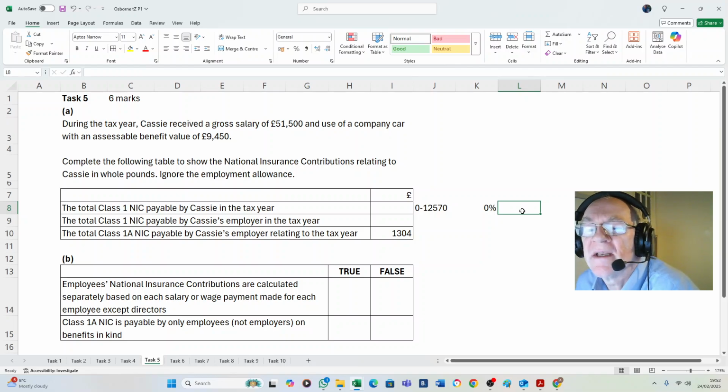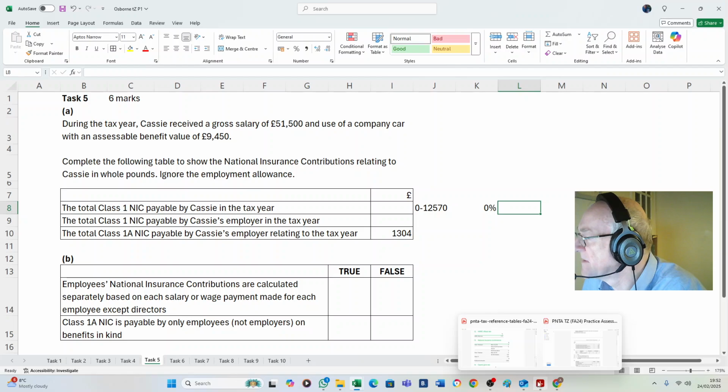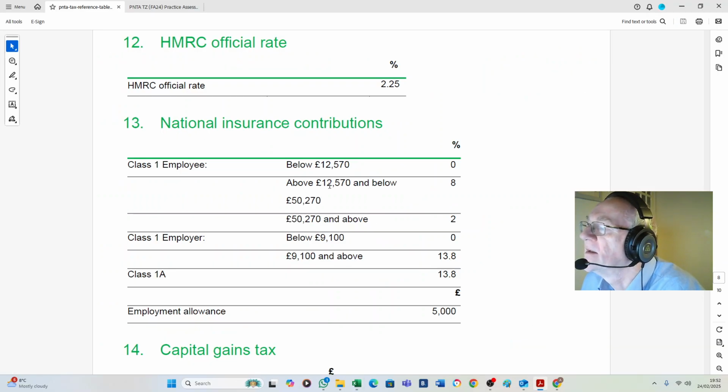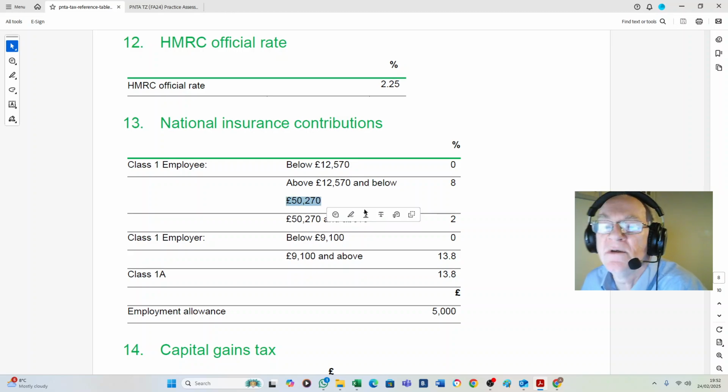So she's got the same bandwidth. So okay, let's have a look at the reference materials. What does it tell us? Anything below 5270 is 8%.